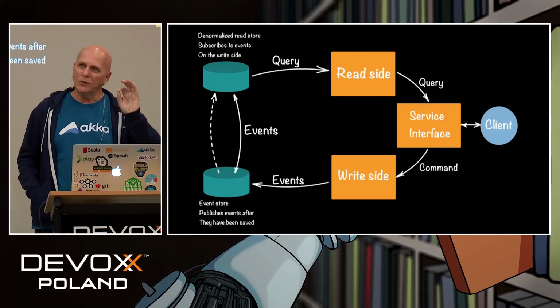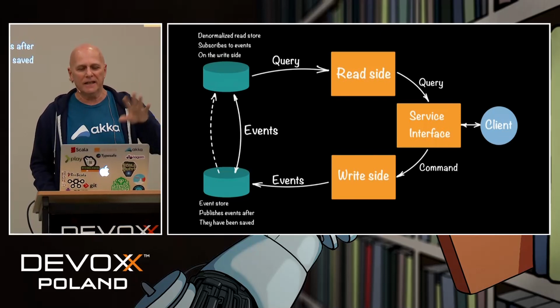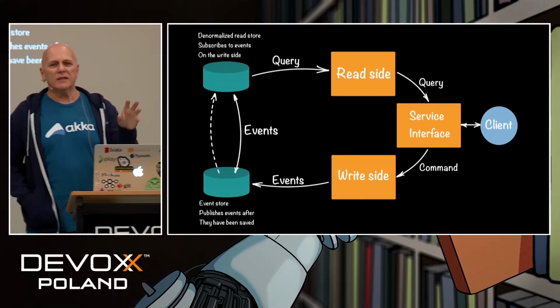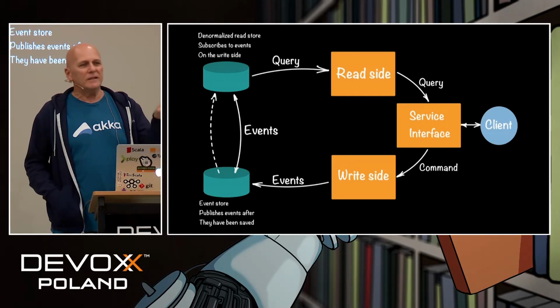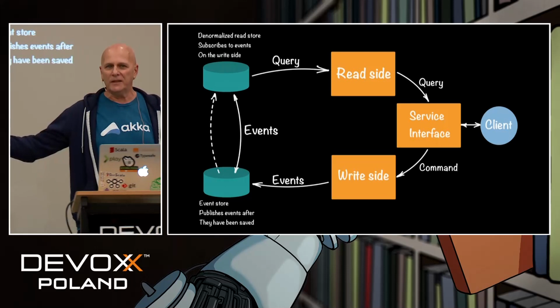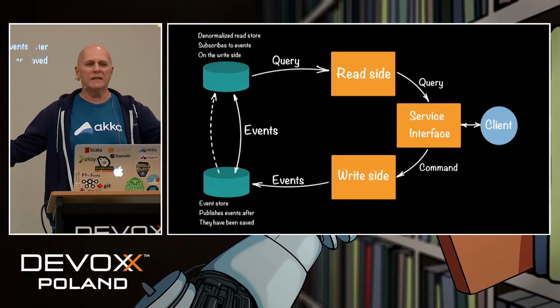I picked the word communicated because they're not necessarily being pushed, and I'll get into that in a little bit. In any case, the query side, the read side, is your favorite database. It could very well be a relational database. So it could be Cassandra on the write side for events, and maybe MySQL or Postgres for queries.